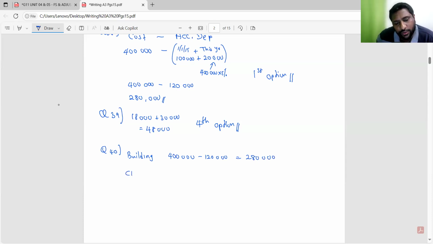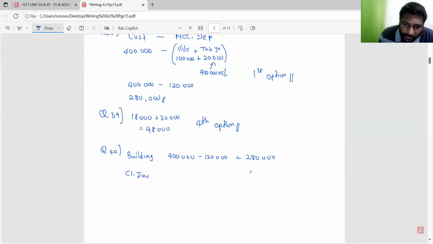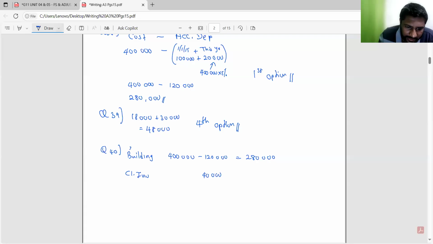And we had closing inventory. Why am I taking closing inventory? Because they are asking the balance for the last day. Last day inventory is 40,000. This is a non-current asset. This is a current asset.